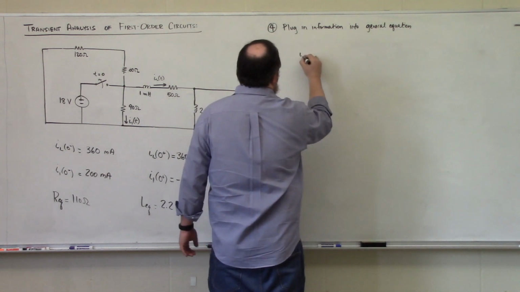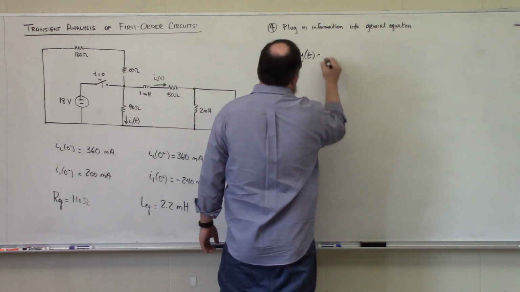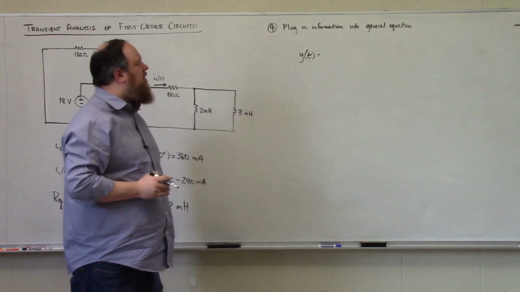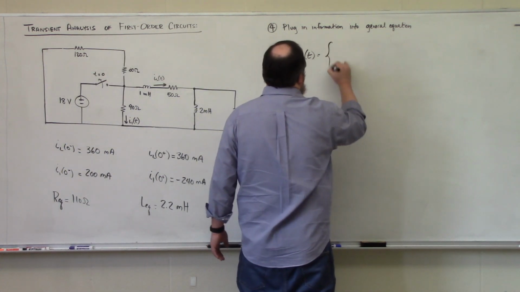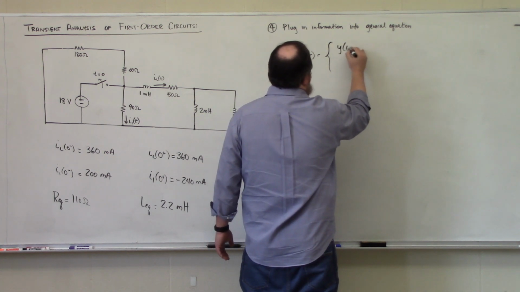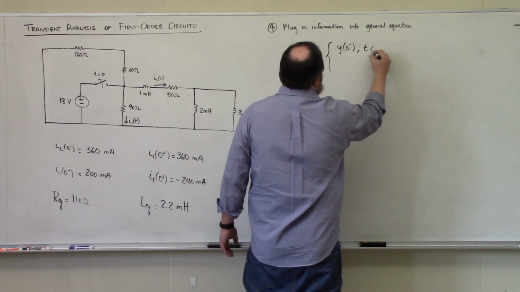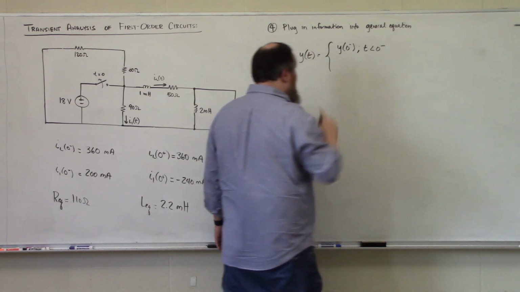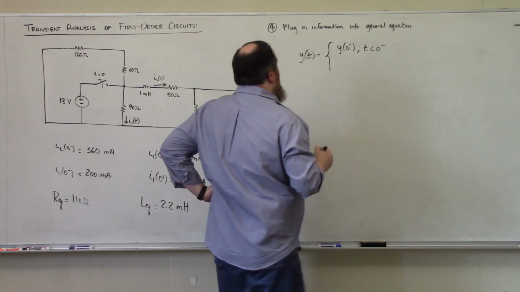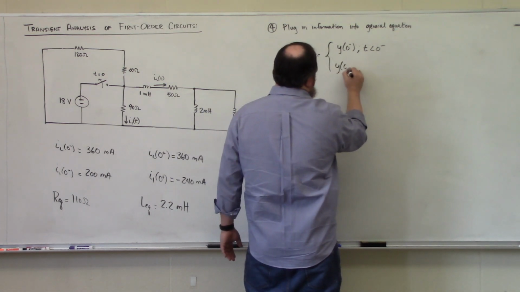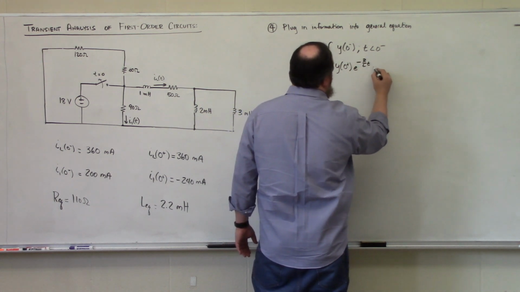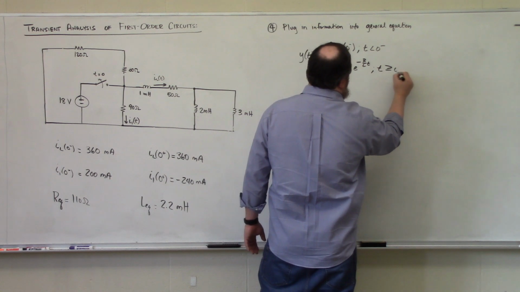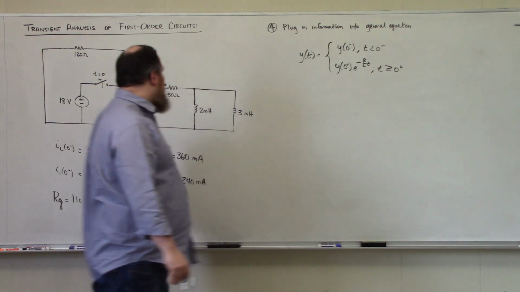Where we know that Y of t, which is any resistor current or voltage, or inductor current or voltage in a first order RL network, will be of the form Y at 0 minus for t less than 0 minus, and Y at 0 plus e to the minus R over L t for t greater than or equal to 0 plus.